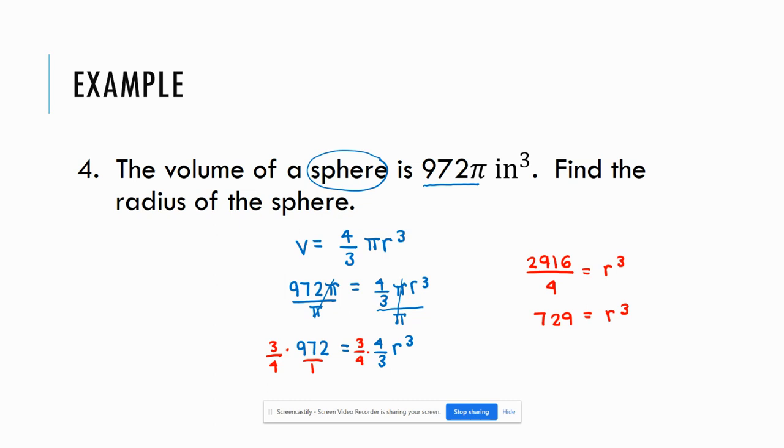To get the radius by itself, it's similar to what we did in the last example, except because we are cubing the radius, to undo a cube, we're taking a cubed root. So to take the cubed root of both sides, similar to what we did when we took the square root, we are looking in this case, because our little number here, our index is 3, I'm looking for 3 of the exact same number that multiply to get us 729.